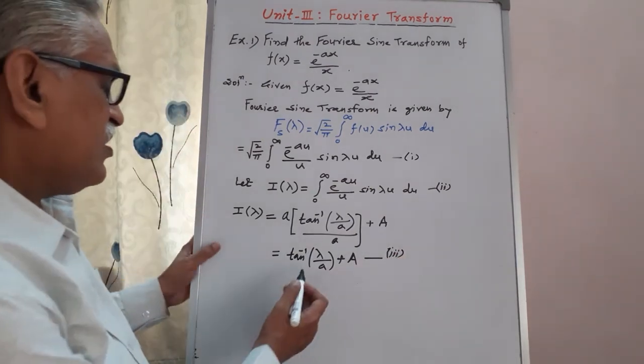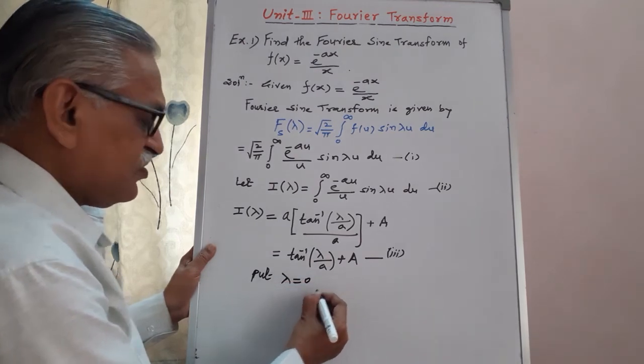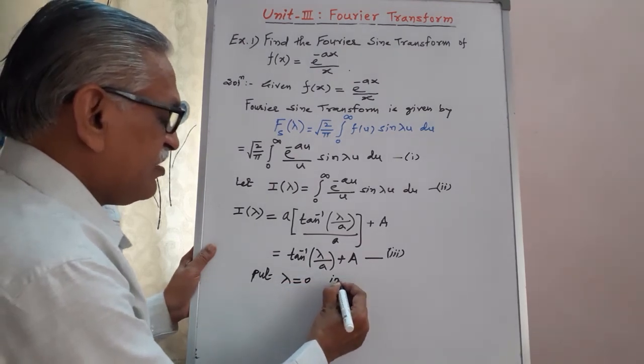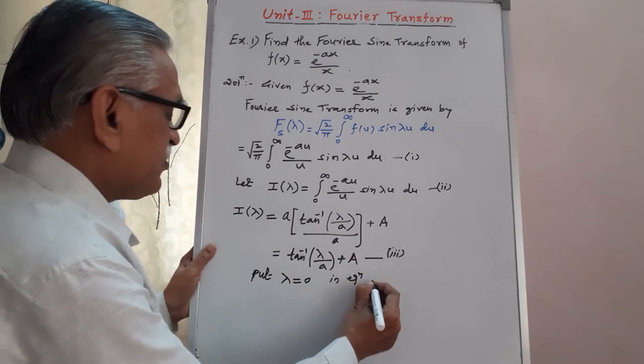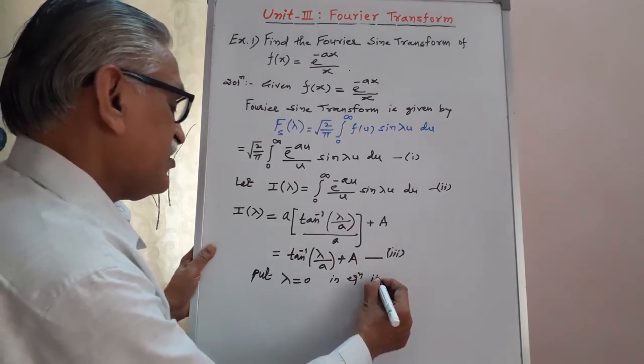And therefore put lambda is equals to 0 in equation 3.